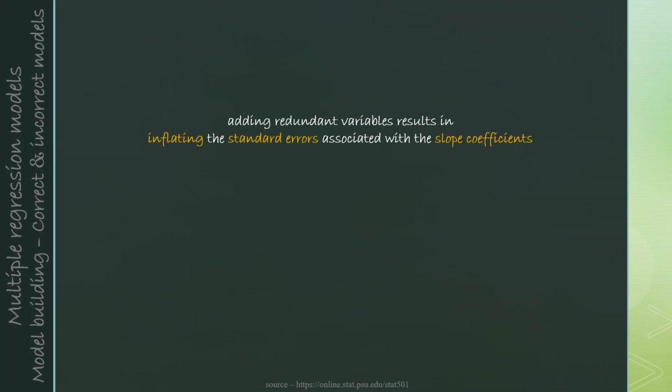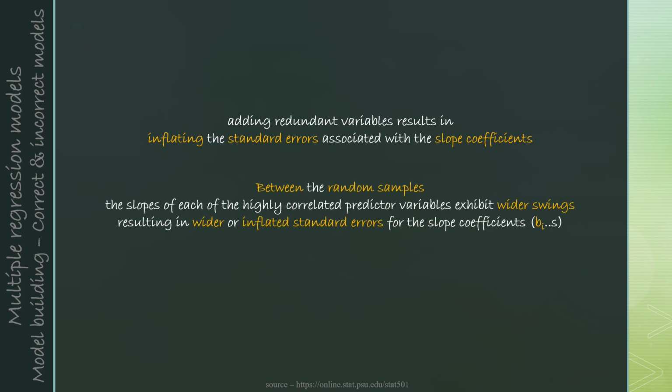Adding redundant variables results in inflating the standard errors associated with the slope coefficients. Between random samples, the slopes of each of the highly correlated predictor variables exhibit wider swings, resulting in wider or inflated standard errors for the slope coefficients.